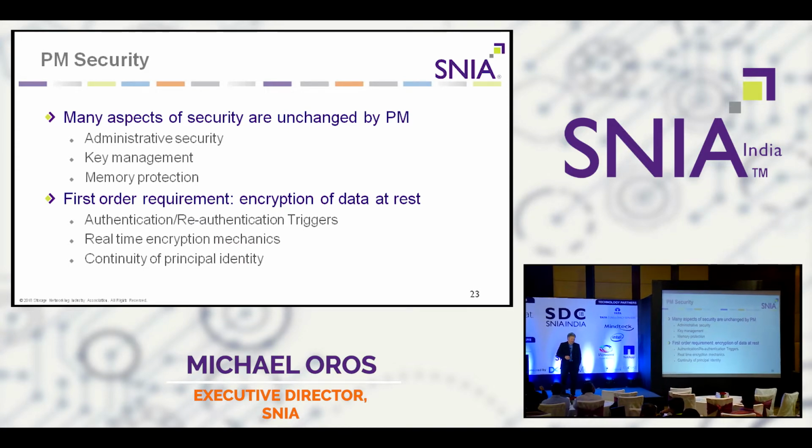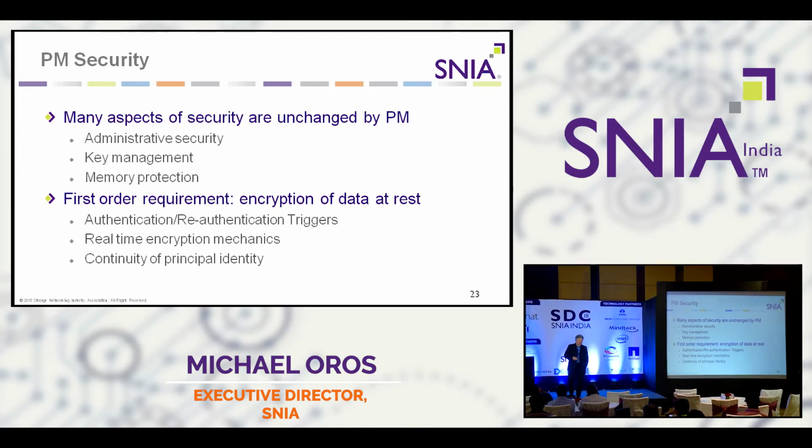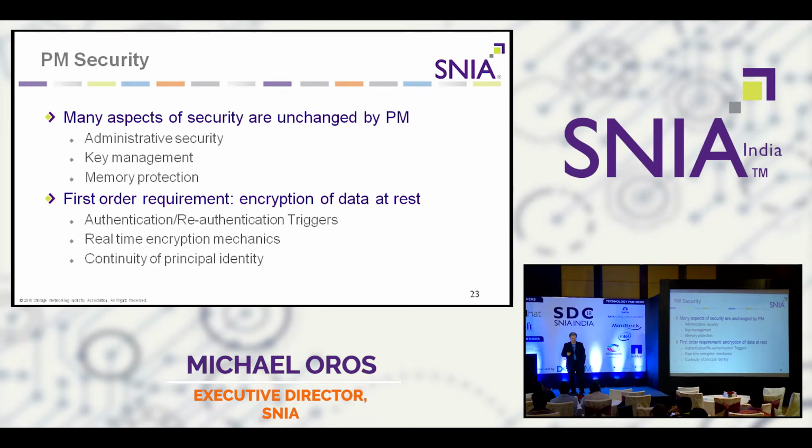So there's one thing that we wanted to at least acknowledge and realize: even though this is a new usage model we're bringing with persistent memory, there are certain aspects of security that do not actually change. In fact, many of those aspects, the administrative aspects, the key management, and the memory protection aspects, remain the same.